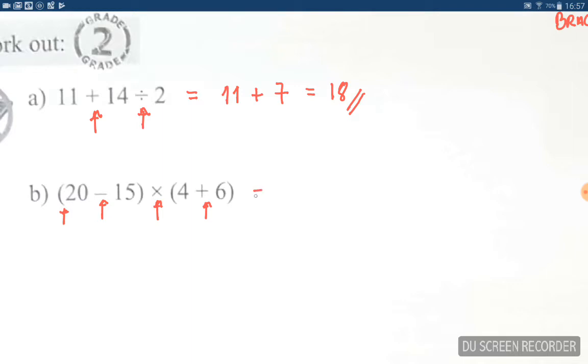So we do 20 minus 15, it will be 5. And this 5 will multiply what is inside the other brackets. 4 plus 6 will be 10. So in the end, we have 5 times 10, which will be 50. And there we have our solution.